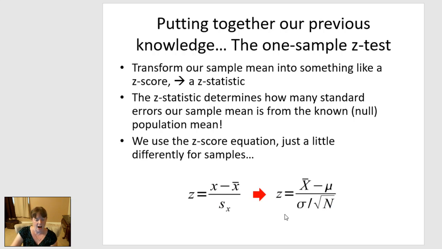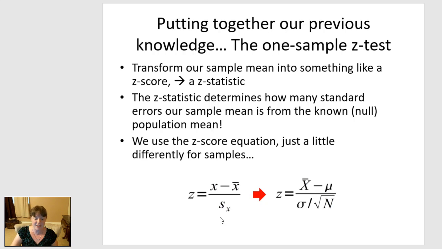Well, what do we know about the null hypothesis sampling distribution? The infinite number of averages are going to have an average of mu. So just like we could compare my score to this average, I can compare my one sample average to that known population value of mu.